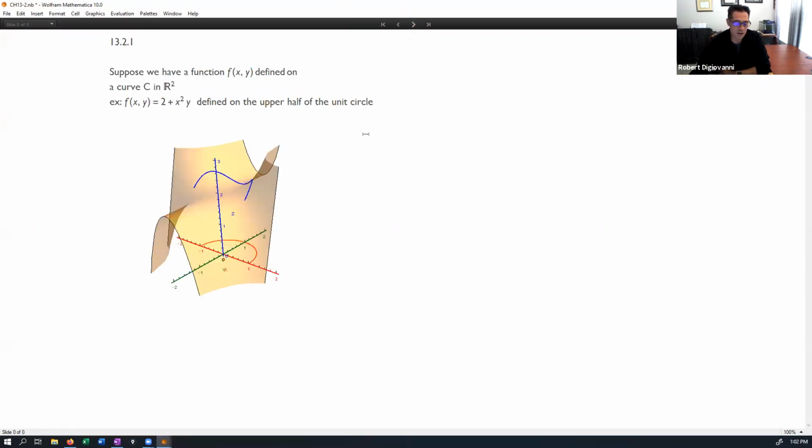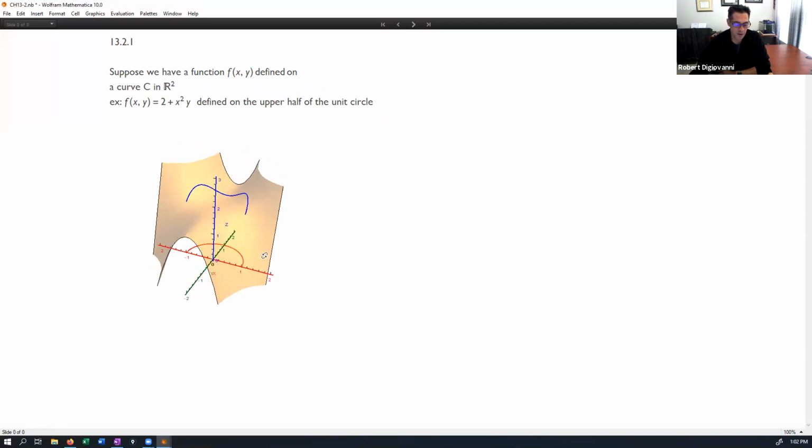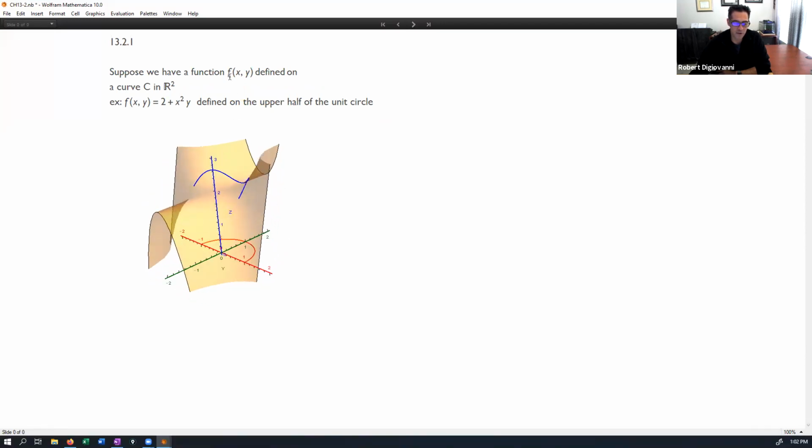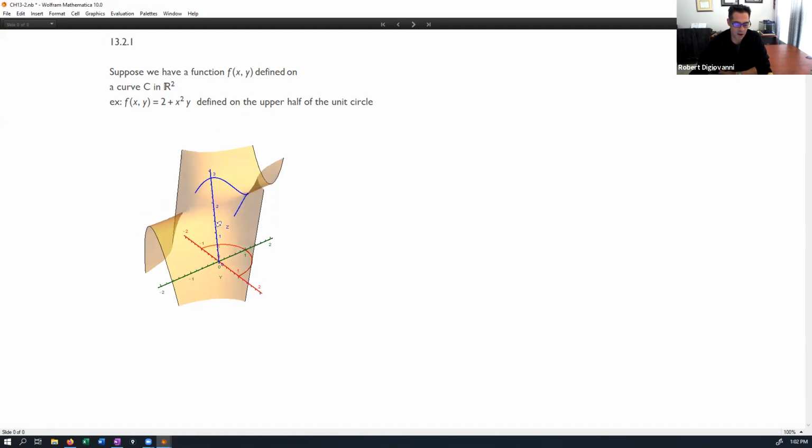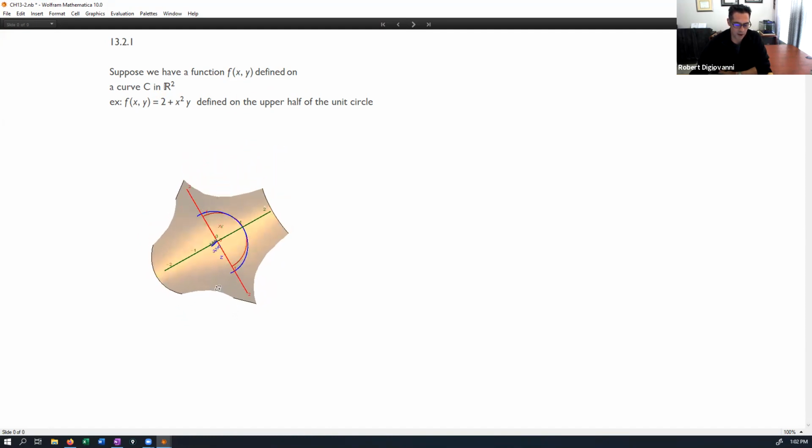So geometrically, I already showed this to you. The idea here is that we have a surface, right? A surface is some function of two variables, f of x, y. So we're given some function, and what we do is we restrict the domain of that function to some curve in two-dimensional space, which would be some curve on the ground. We plug only those points into the surface and we get a curve up on the surface, that blue curve there.